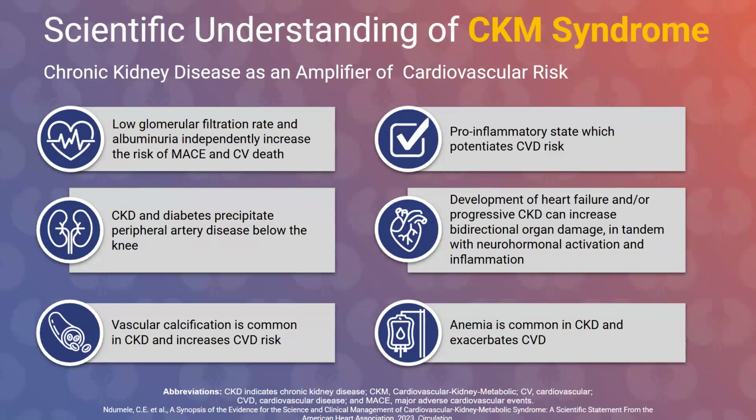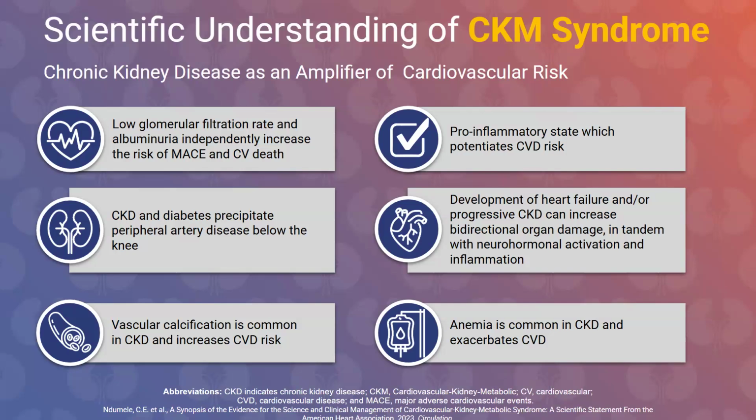Vascular calcification, of course, predisposes to that and increases both the PAD risk as well as cardiovascular risk. The pro-inflammatory state that kidney disease represents also potentiates the cardiovascular risk, as well as the development of heart failure and progressive CKD. The bidirectional neurohormonal activation, fluid retention, and inflammation go hand in hand.